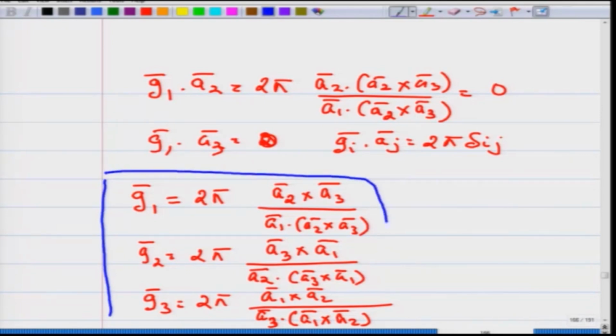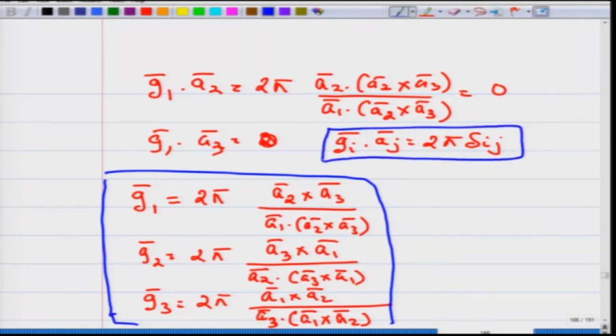One can show that if you use G1, G2, G3 of this form, they will satisfy this condition. So from A1, A2, A3, you can generate another set of vectors G1, G2, G3, expressed in terms of A1, A2, A3, but they satisfy a very fundamental condition, that Gi dot Aj is equal to 2 pi delta Ij. This is a very necessary condition.